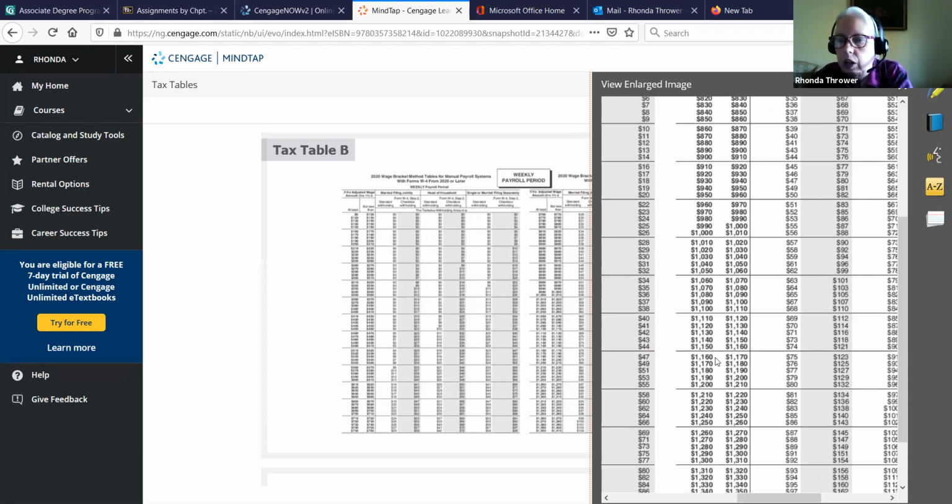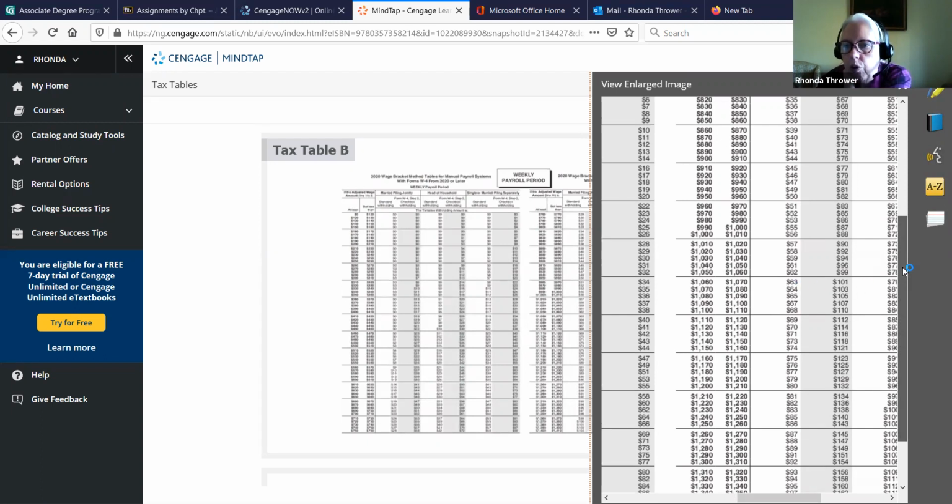But for this textbook, they always go to 1,060 to 1,070 because the higher amount of the bracket will give you a higher amount of taxes. So we want to make sure that our employee has the proper amount. Let me back up for just a minute, because our total wages were 1,060. From 1,060 to 1,070, you're going to scroll across this table.